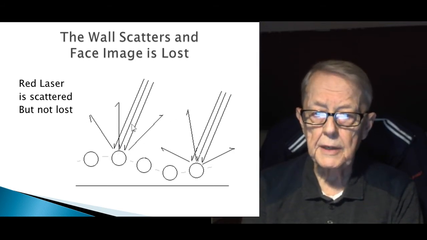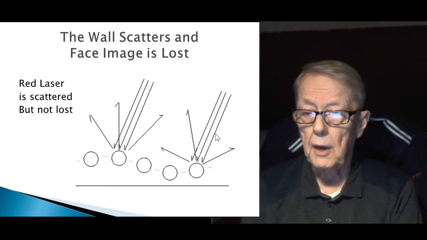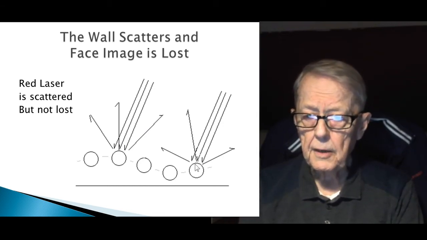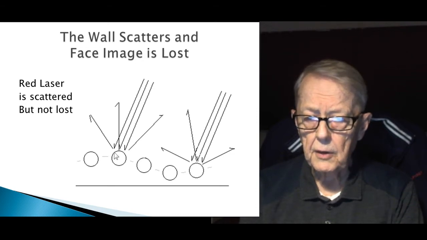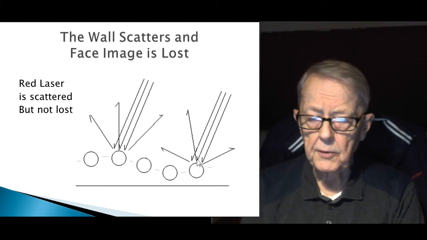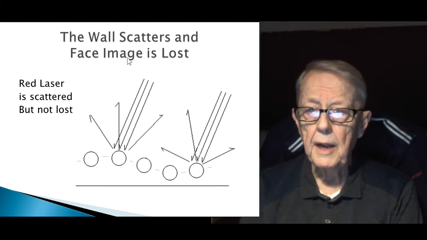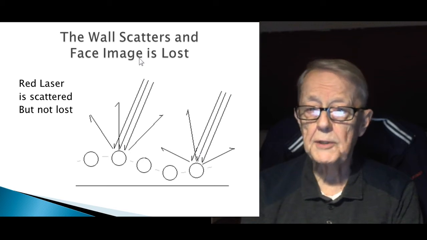Just coincidentally the same as I showed in the mirror, but this one is different because of where the location is. It's further down and around. It's going to scatter in a different way, and my face image is lost.